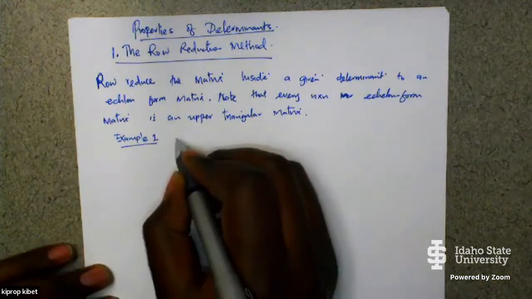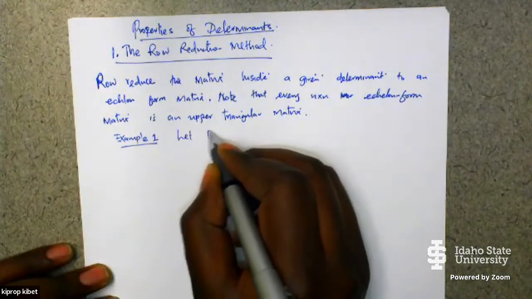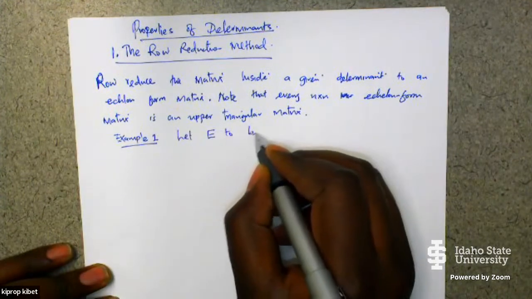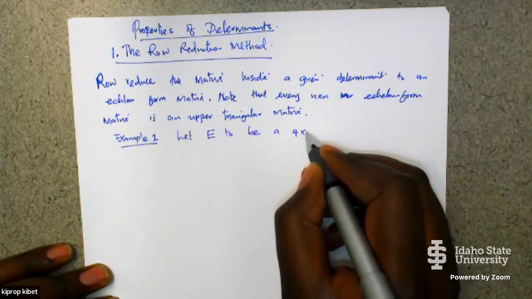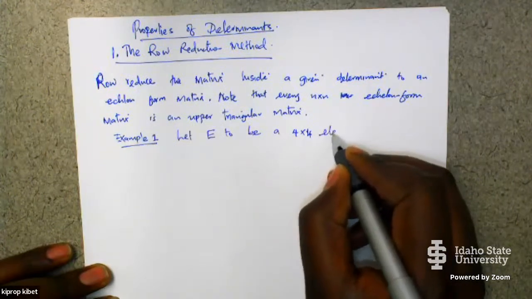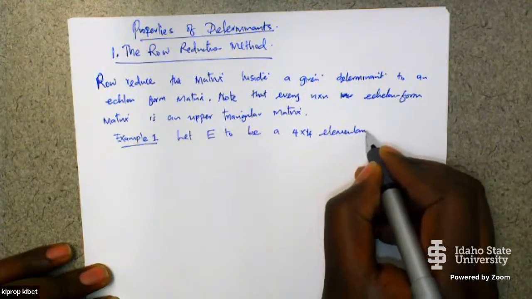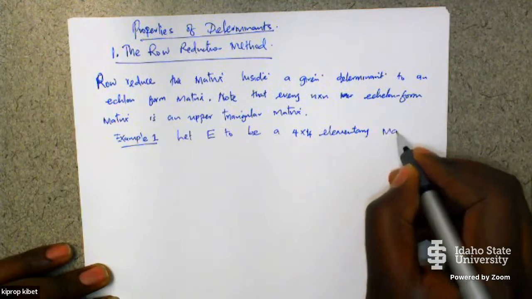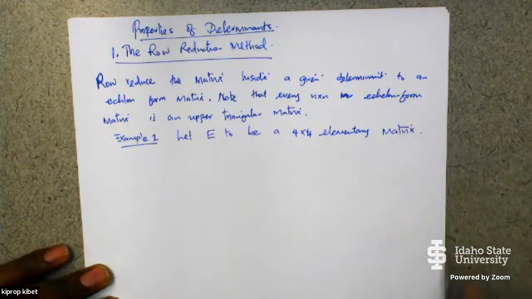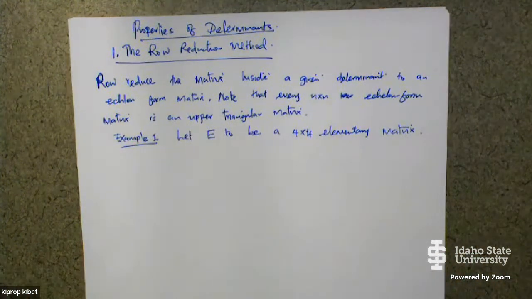If we let E be a 4 by 4 elementary matrix, we remember what an elementary matrix is. This is where we perform the row operation on the identity matrix.